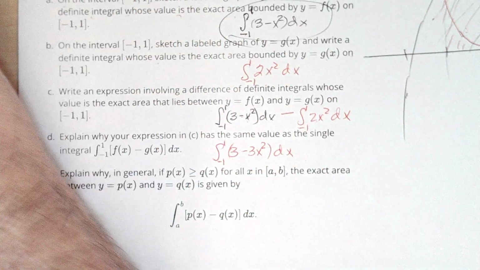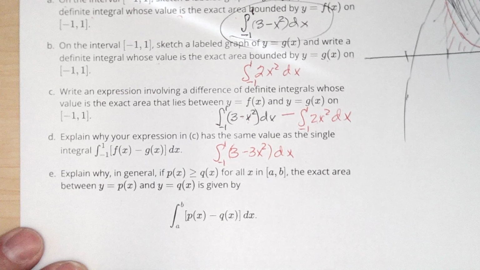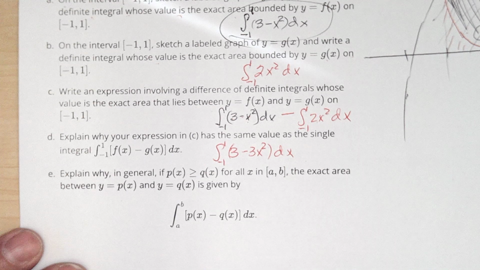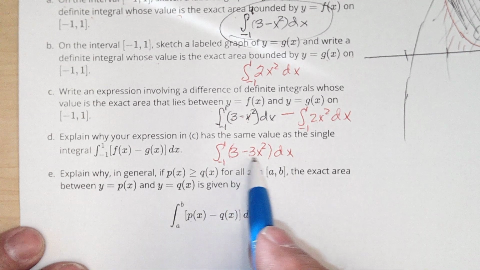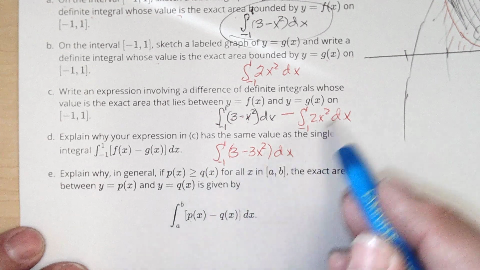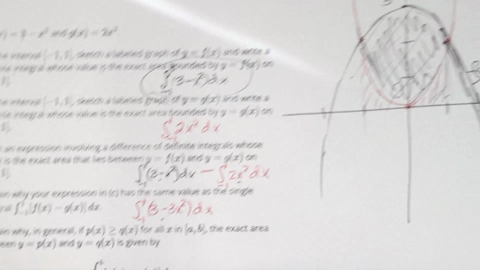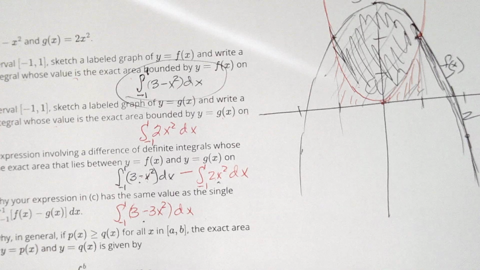That would stand for the area in between them. Okay? And in general, that's what you can do: you can just subtract the functions and then find the area, as opposed to doing two separate ones. You can do it as one single. And that's kind of the point, and that's how you find the area between two graphs.